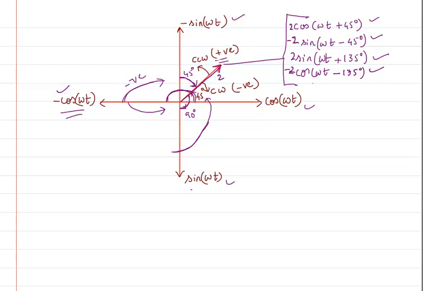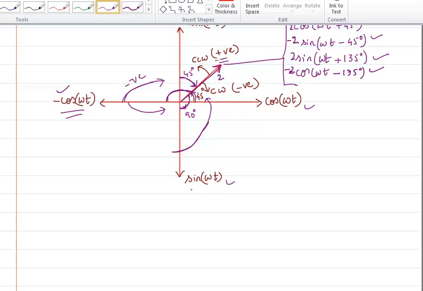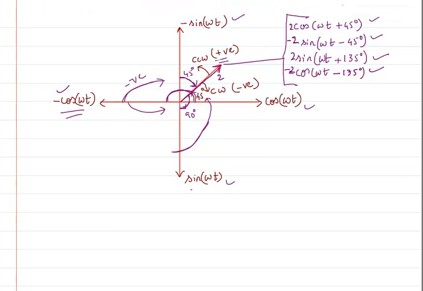Based on that, I can write it in any one of these forms, out of which the most popular form is this first one. So I will write 2 cos omega t plus 45 degree for this particular case. That's all.